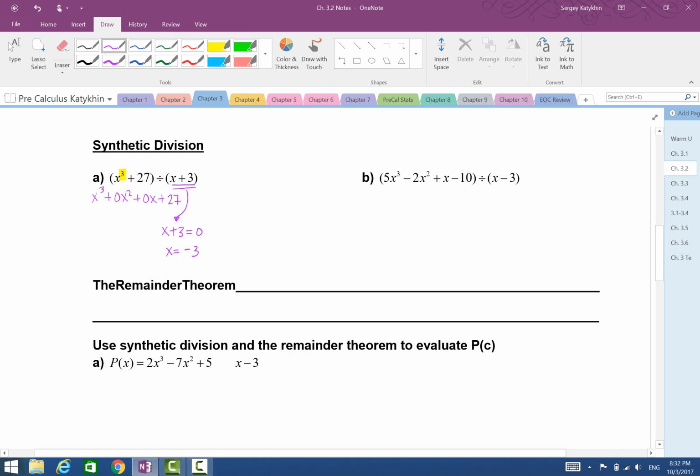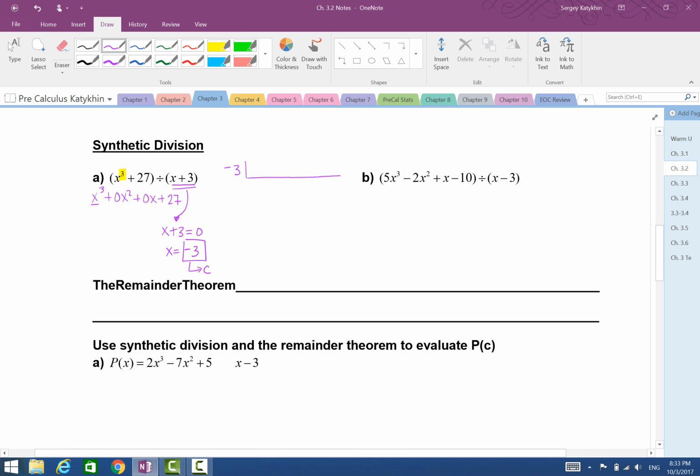So the negative 3 here is your c. That is what we're going to be dividing by, and that's the thing that's going to be in front of our division. So in this case, we don't have any variables in our problem. We just have coefficients. So my root is going to be negative 3.